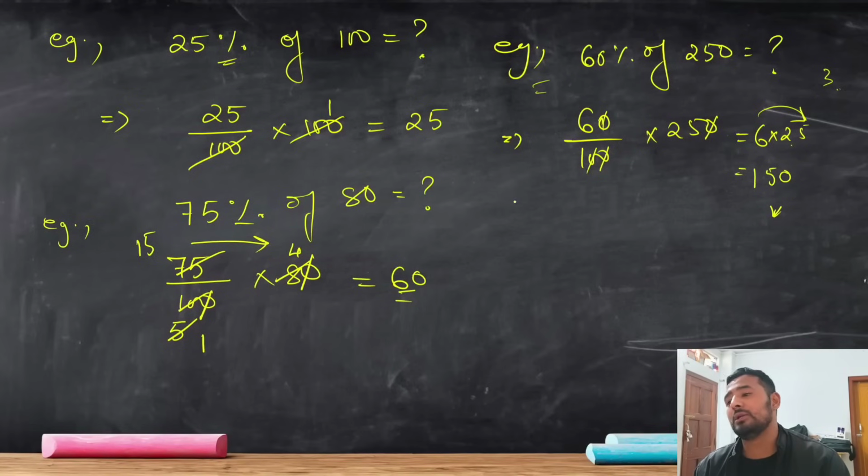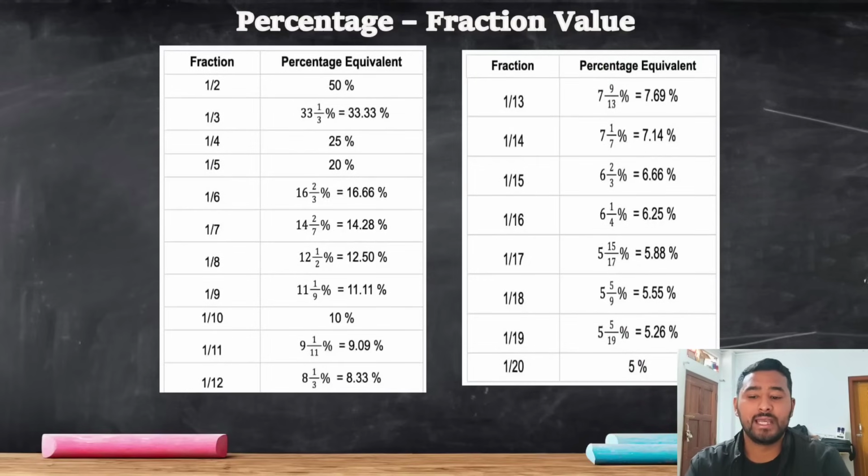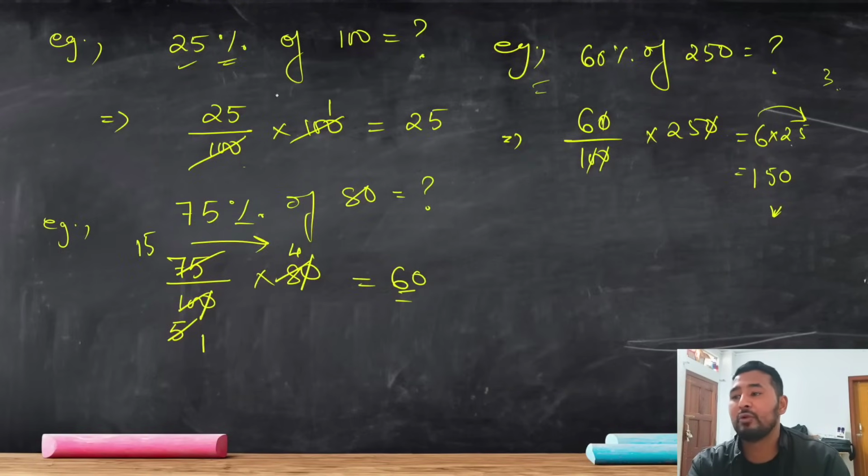But one more thing I want you all to remember is that while doing 25% of 100, you have to go all the way through the long method, right? Again, for 75% also, you have to go the long way. So in my next slides, you can see that you can remember percentage to fraction values to solve this type of question easily.